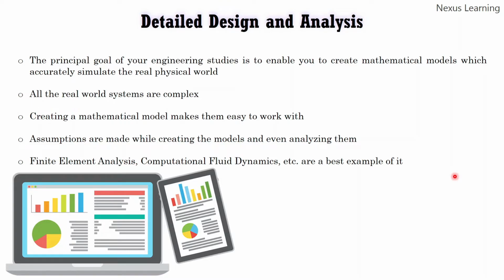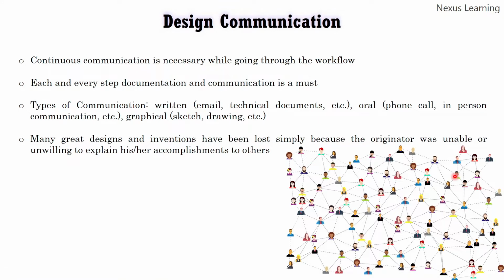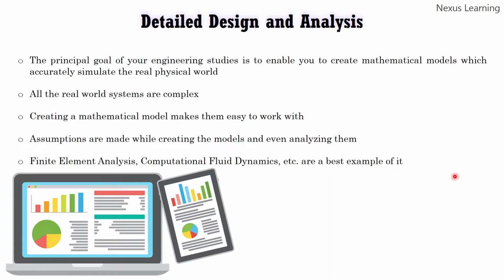Then the next step is, now we have finalized the design from all the concepts. Now we go for detailed design and analysis with all the engineering principles, with all the technical knowledge the engineers have. We build the mathematical models which will accurately simulate the physical world.